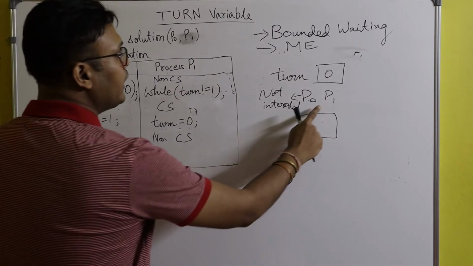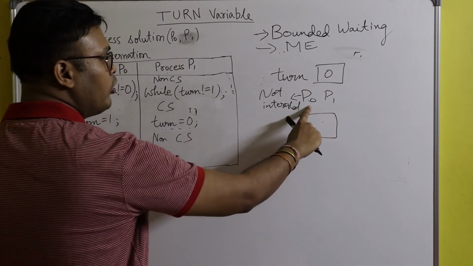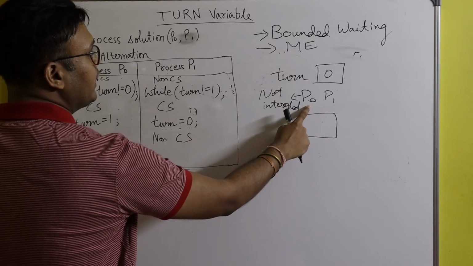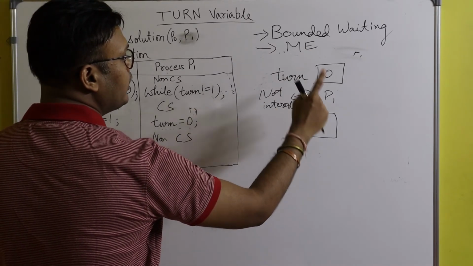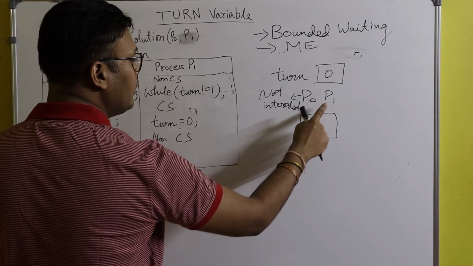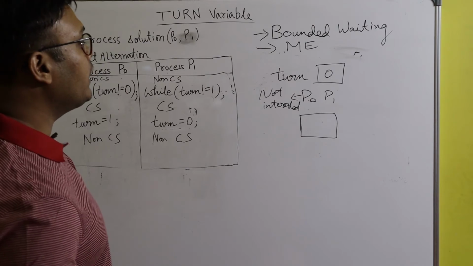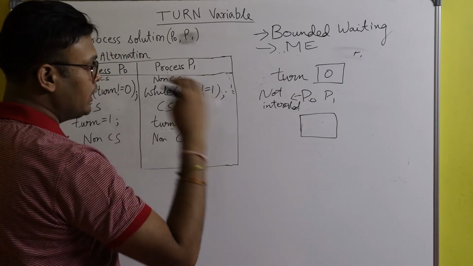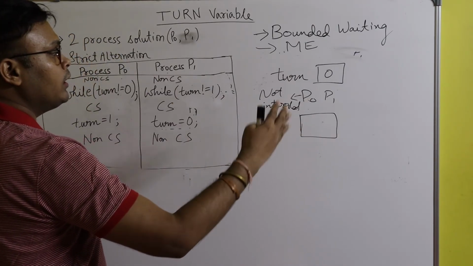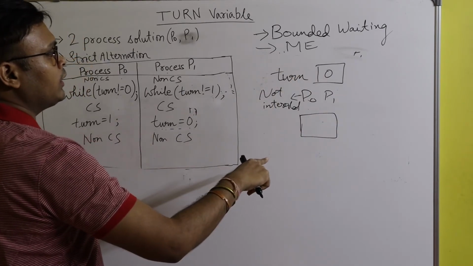So here there is no progress at all. If P0 is not interested to enter inside the critical section, then P0 will not let P1 enter either. Here the entry of a process inside the critical section totally depends on the interest of the other process.